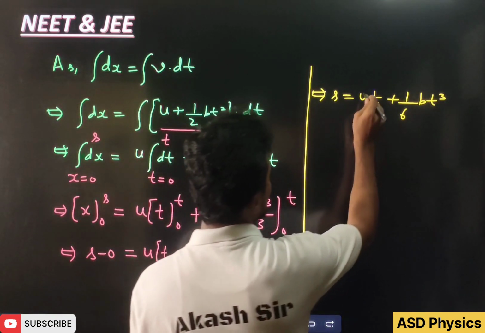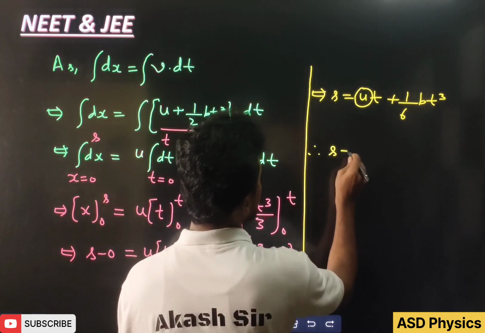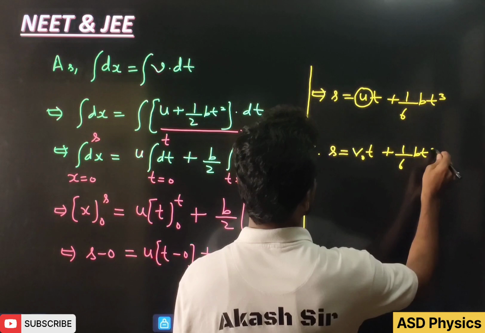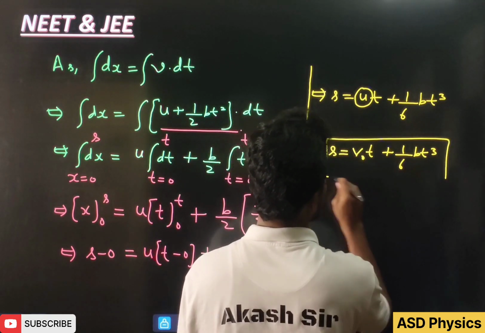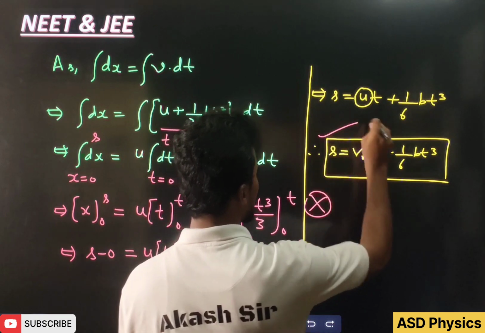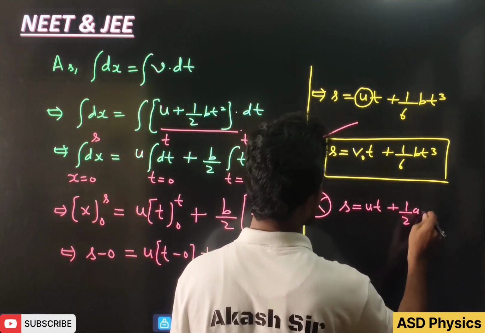As I have told you, according to the question they have given initial velocity v naught. So I will write s equal to v naught t plus 1 by 6 bt cube. But I will tell you, don't make this mistake. The answer came, okay, but some students will write s equal to ut plus half at square.